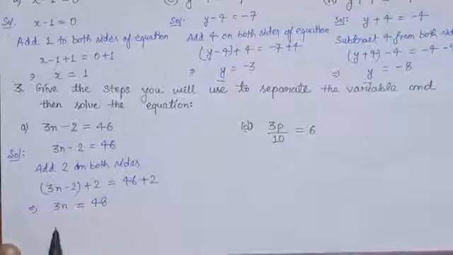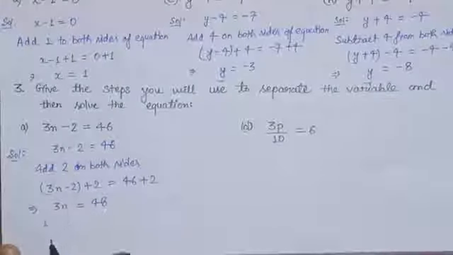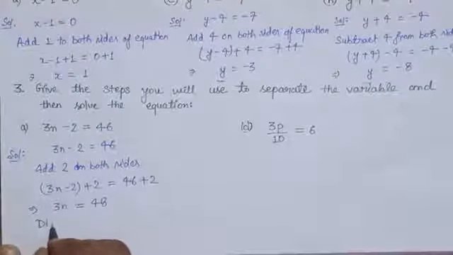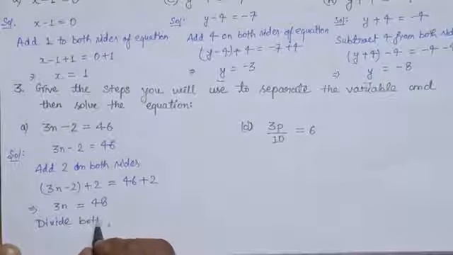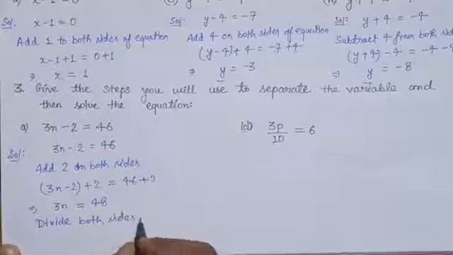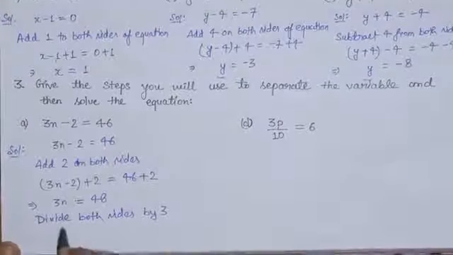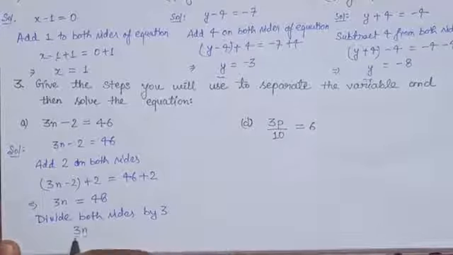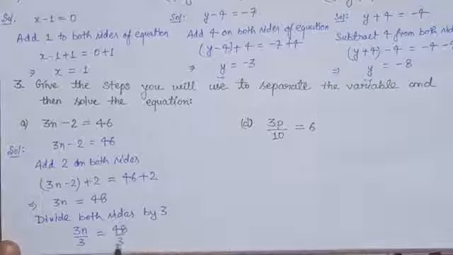But again you can see that on the left hand side we have 3n, but we have to obtain only n. So let us divide. Next step is divide both sides by 3. Then what we get? 3n by 3 is equal to 48 by 3.